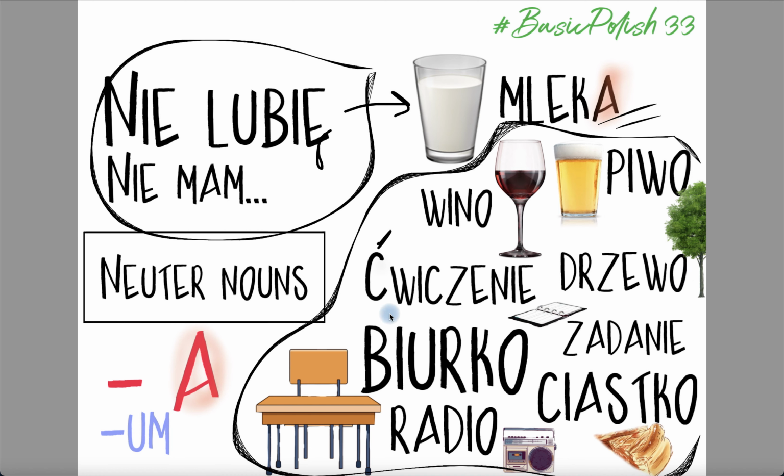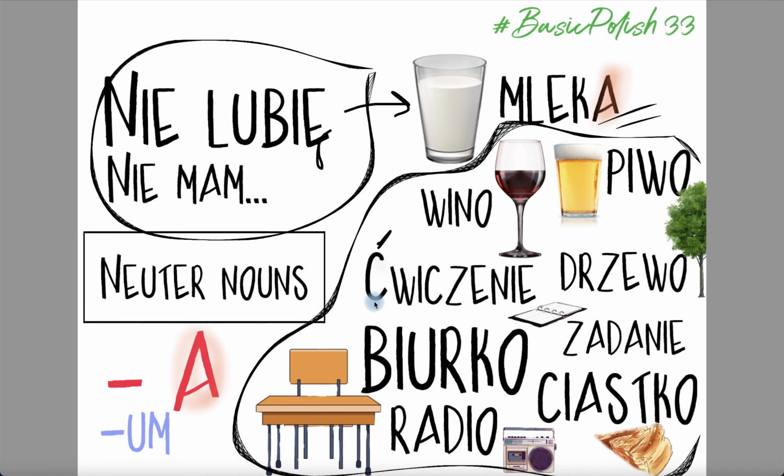Another new word, ćwiczenie. This is the word for exercise. Exercise as in physical exercise, but also exercise in a book, when you learn a language, for instance. Ćwiczenie is something that we are doing right now.